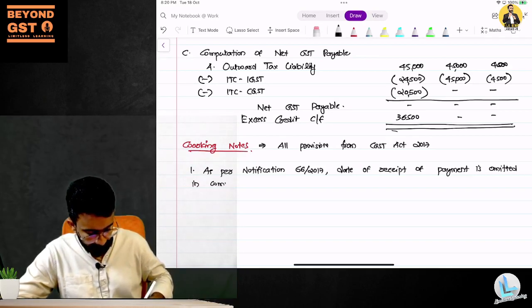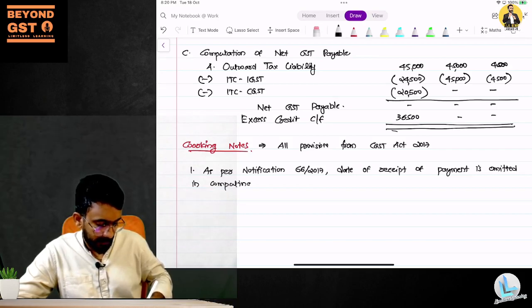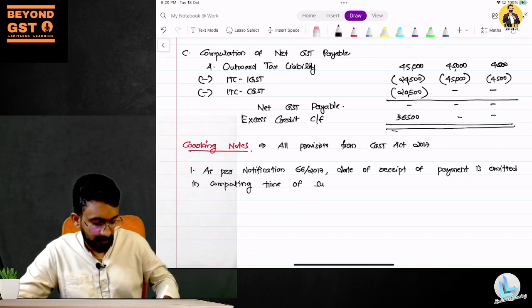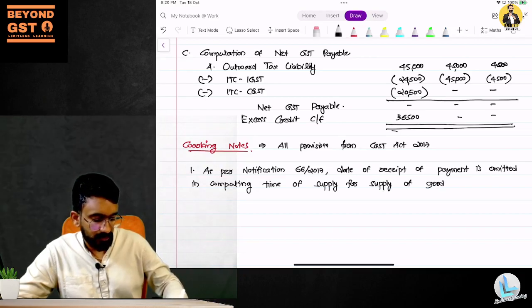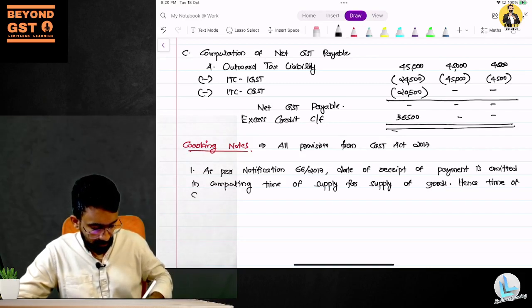Duty, time of supply for goods. Hence time of supply here is invoice date or date of receipt of payment.